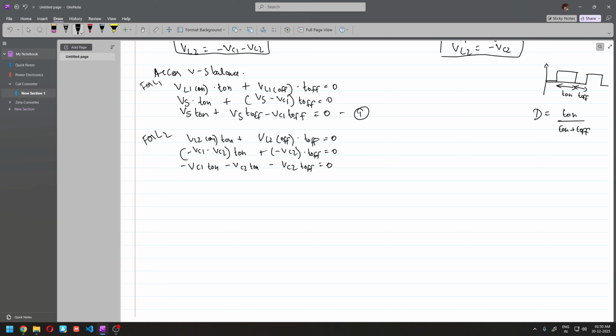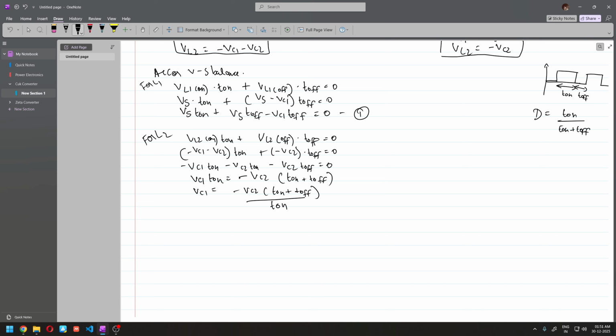So if we just rearrange it here and shift this to the other side, and if we take Vc2 common, it's T on plus T off. So now that we have this, we can say Vc1 is minus Vc2 times this, divided by T on.